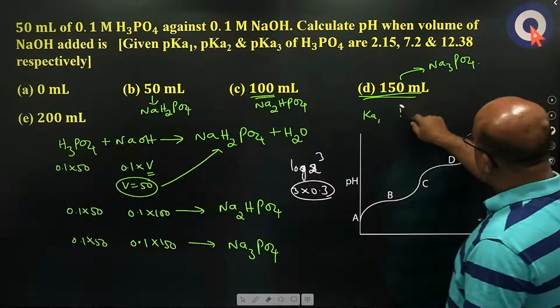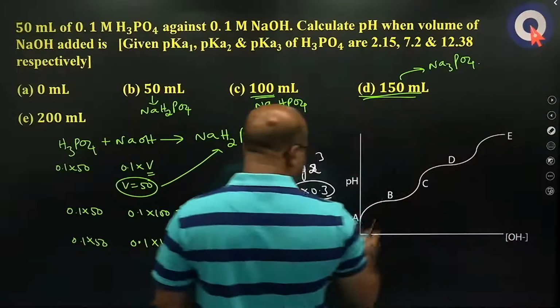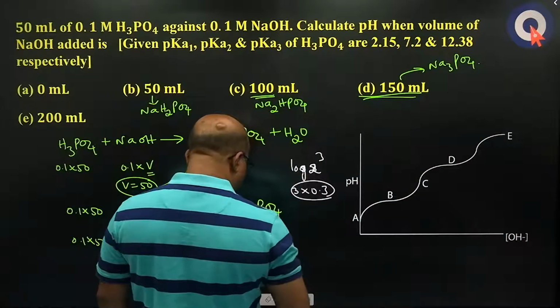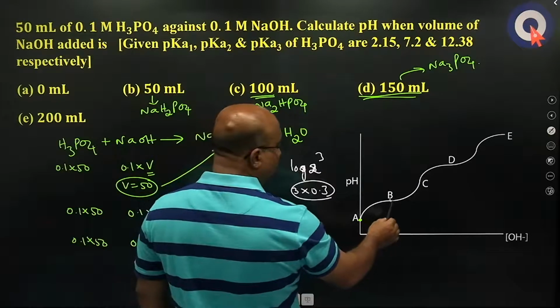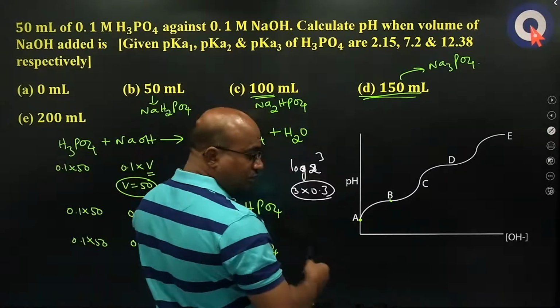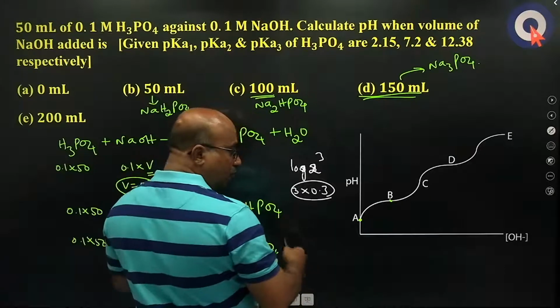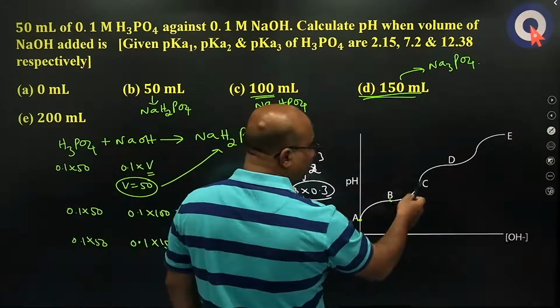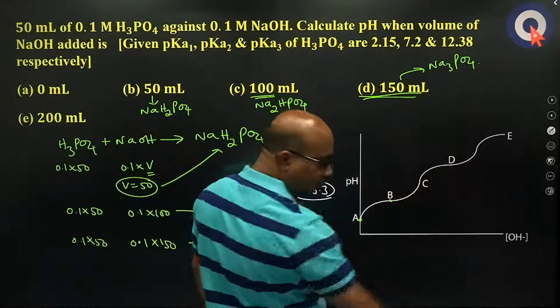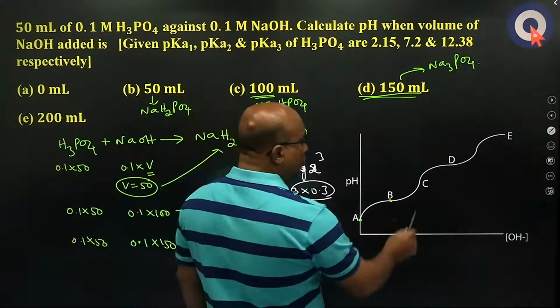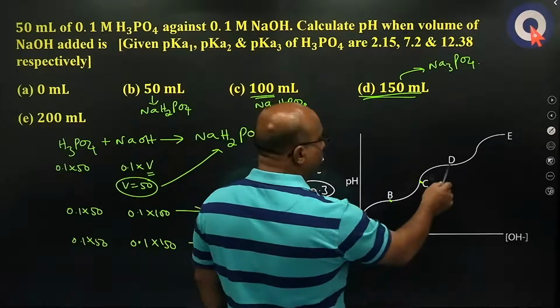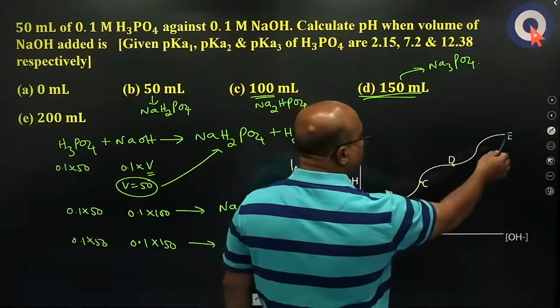Clear? So this is the initial pH, but at this B there is complete conversion of H3PO4 into NaH2PO4. At this situation, at this situation, different. So this is the first equivalence point, this is the second equivalence point, third equivalence point, and after that.